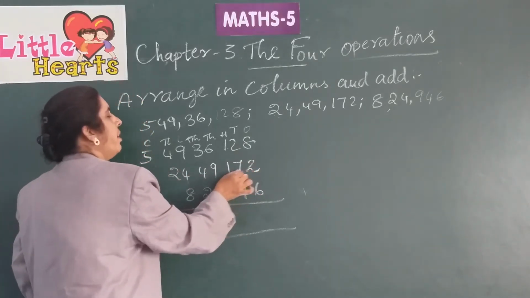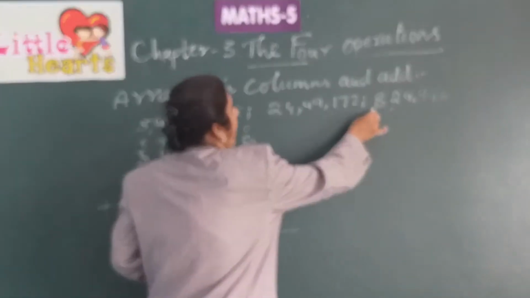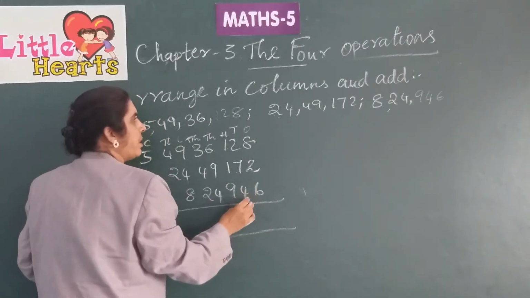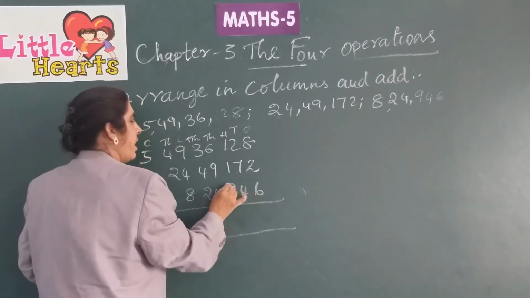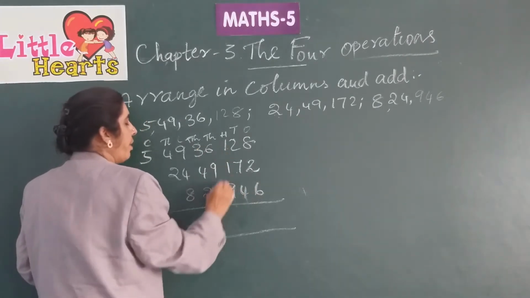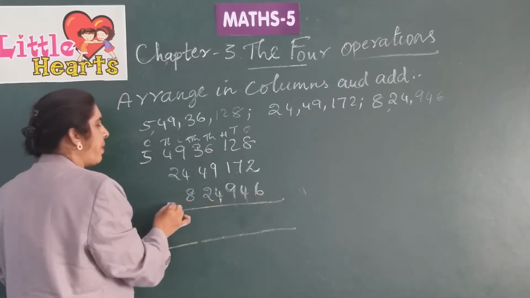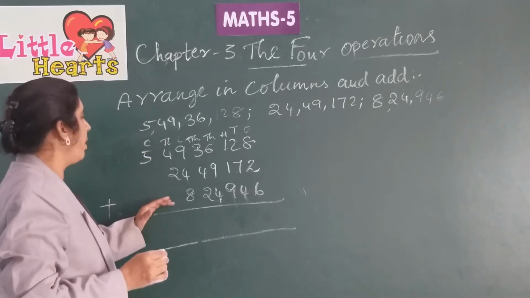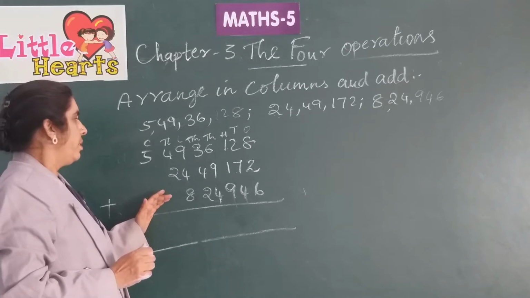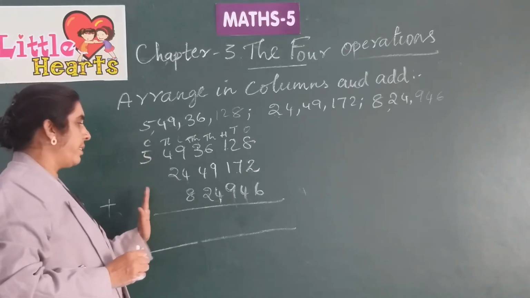And the next number is 8 lakhs 24,946. If you arrange from one's place like this, you can never go wrong in the arrangement of the digits. So here there is no digit in the crores, and here there are no digits in the 10 lakhs and crores.